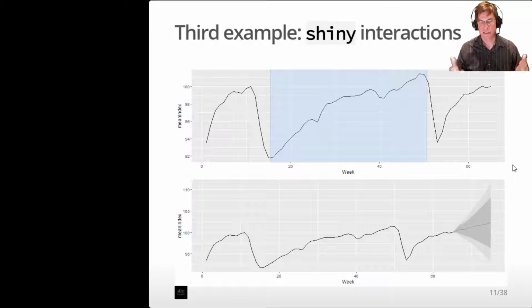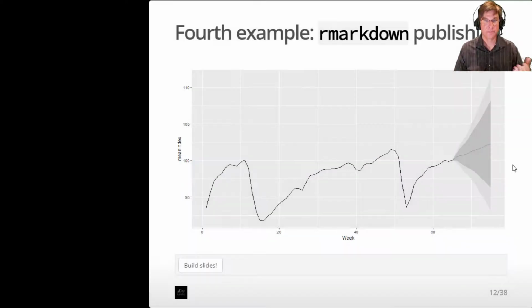If I'm happy with the story, if I'm happy with the forecast model as I have it, here's that model in greater detail. And I can build slides here because using HTML for talking to my fellow data visualizers is nice, but at the end of the day, some people want PowerPoint.